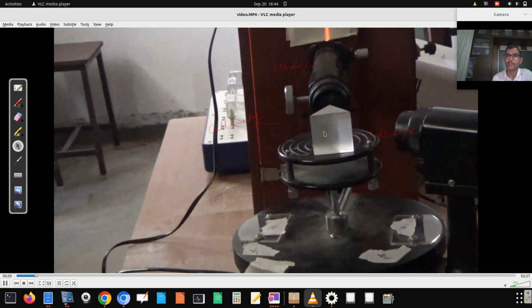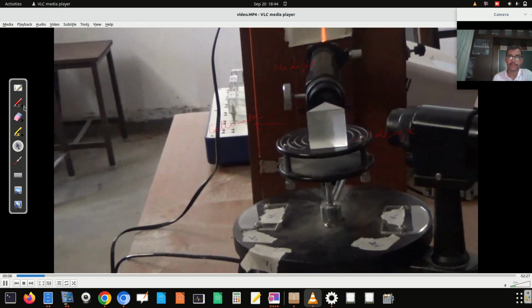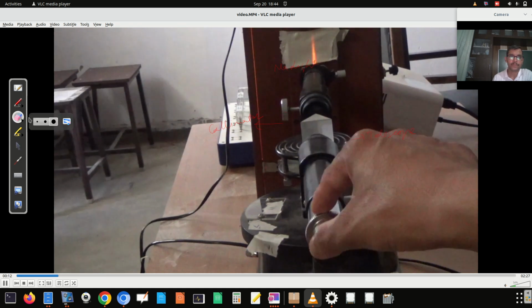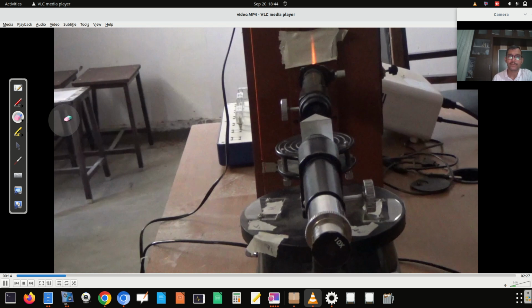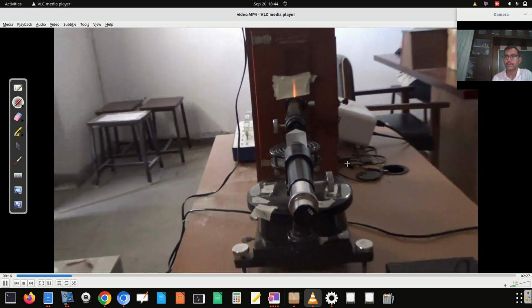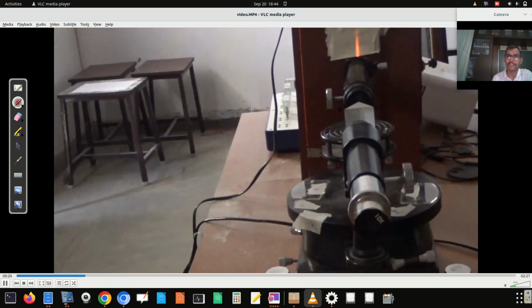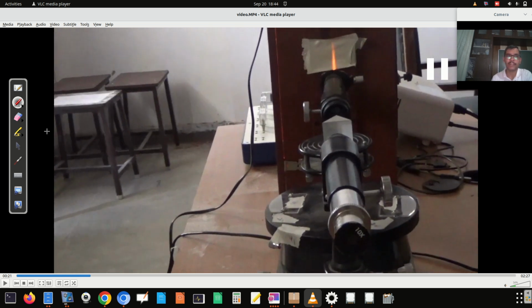So it is a prism. Say initially a parallel ray of light is coming from this, it is made to fall at this point, and after this the light gets reflected in this way.